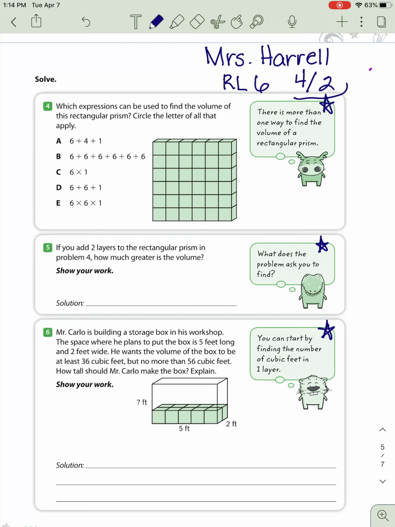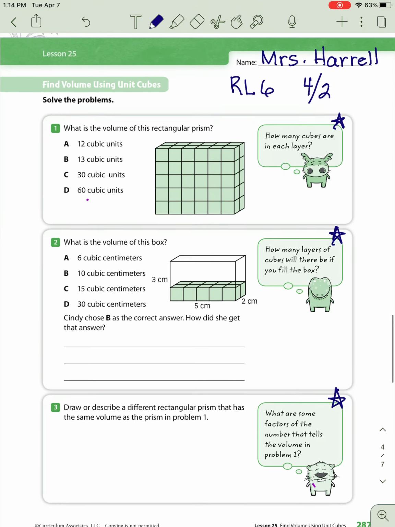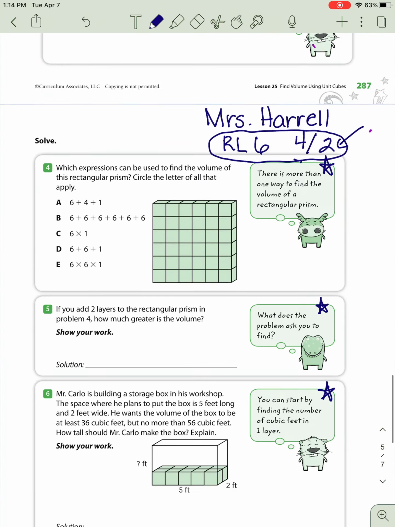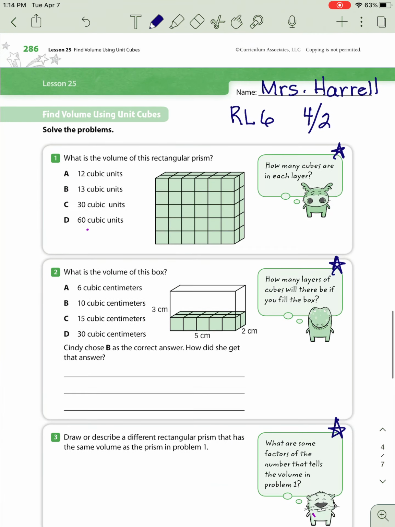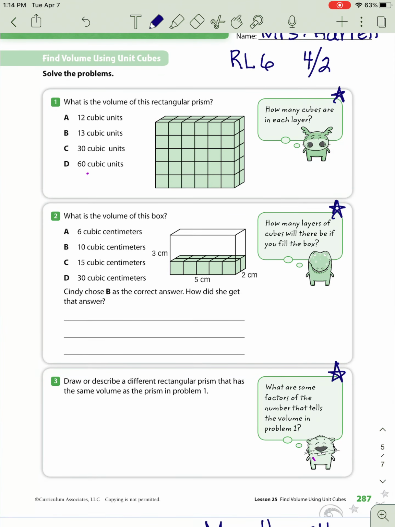That's the date that you always want to put, not the date you're actually doing your work, but the date the assignment was given, so that when you finally submit this to Mrs. Harrell, I'm going to give you credit for that. Just as a little heads up, yesterday alone, I got 79 math assignments submitted on Class Dojo. And I'm trying to figure out and read these in a little picture.